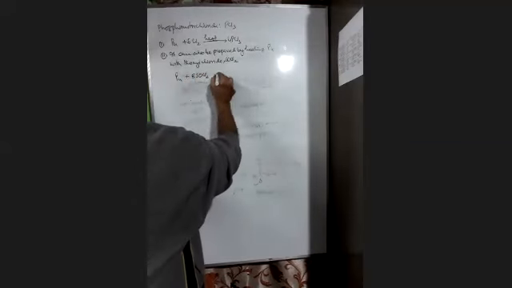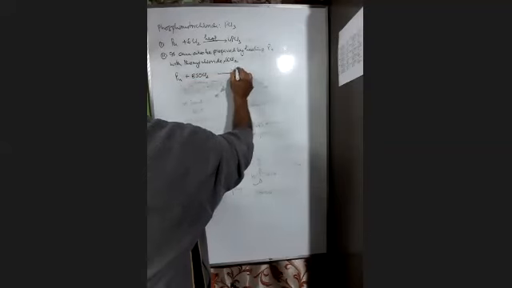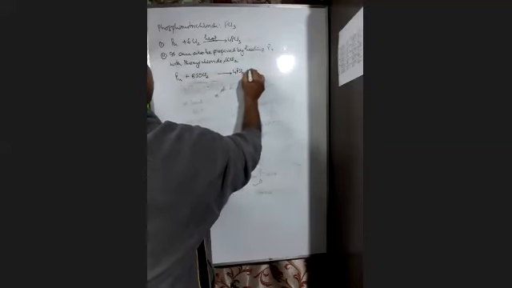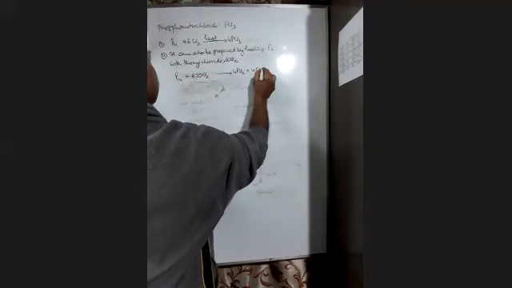So P4 plus 8SOCl2, if you heat it, you get 4PCl3 plus 4S2Cl2.